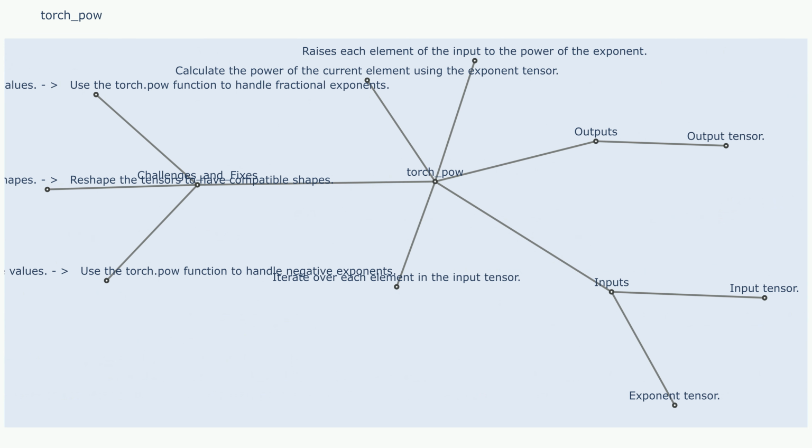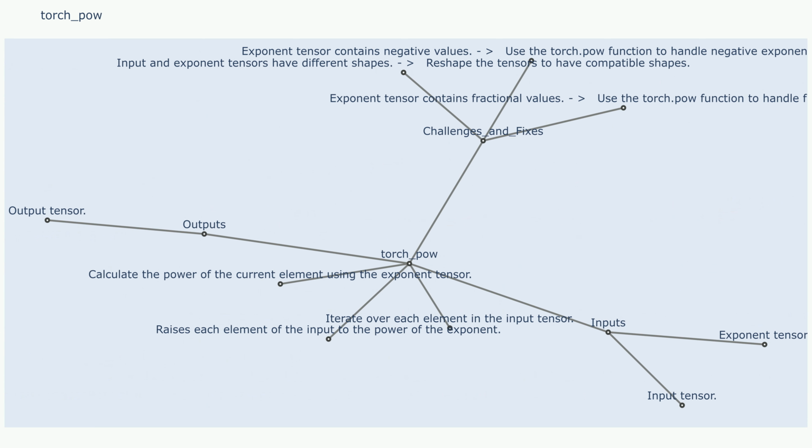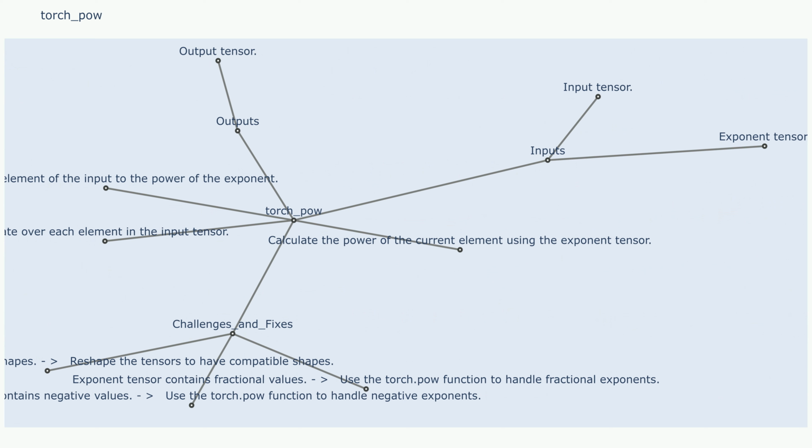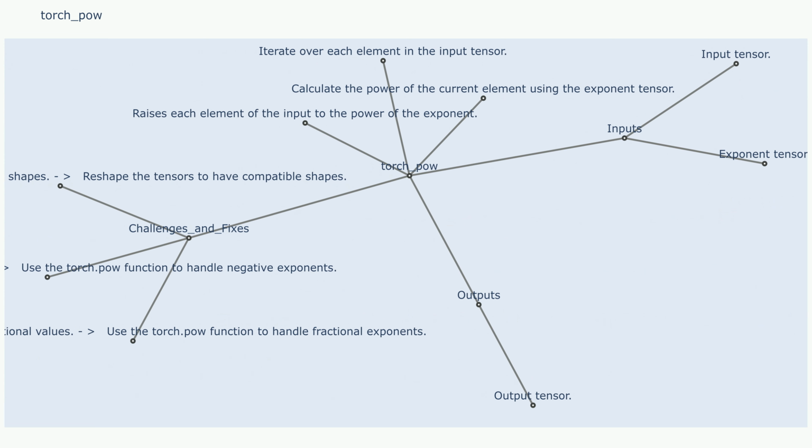Steps. Step 1, the function iterates through each element of the input tensor. Step 2, for each element, it raises the element to the power specified by the exponent. Step 3, the resulting values are stored in a new tensor, which is returned as the output. Challenges and fixes.